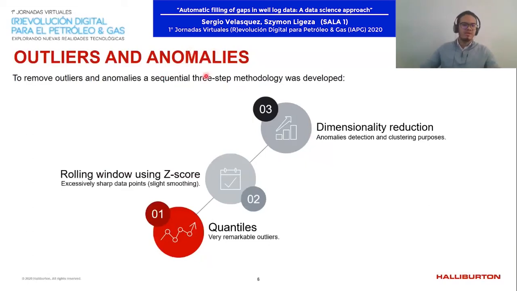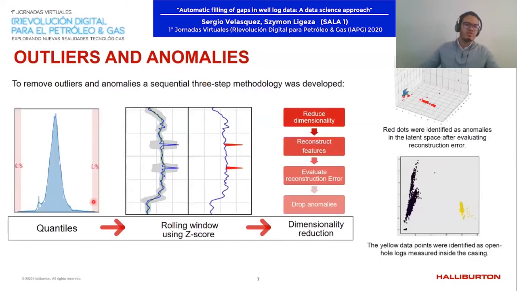As you can see here, we use quantiles to remove the 0.1% of the data, which won't affect the training of the algorithm in terms of amount of data, but we will be able to remove those data points that are very high or very low. Then we use rolling window with the z-score to perform a slight smoothing of the data. We are removing the spikes, and then we do a dimensionality reduction.